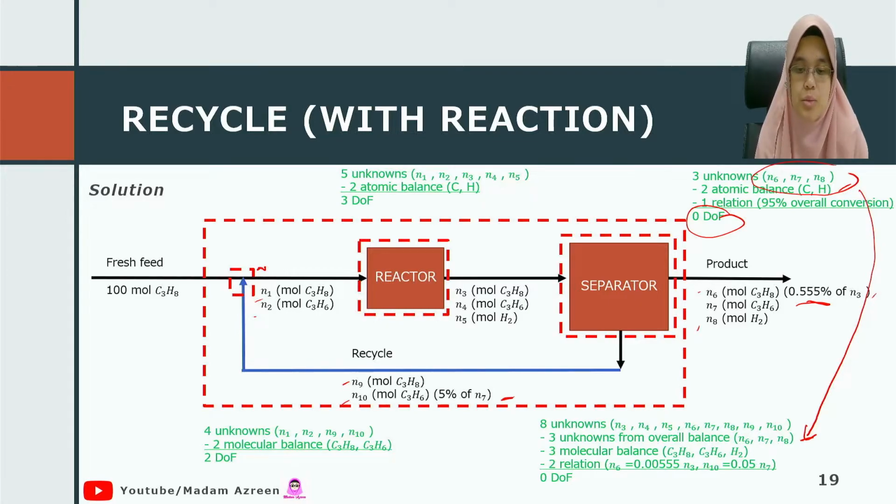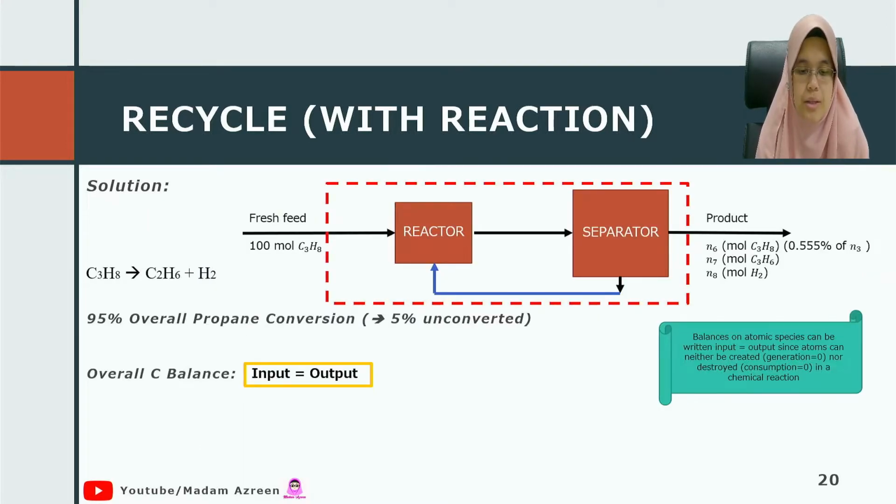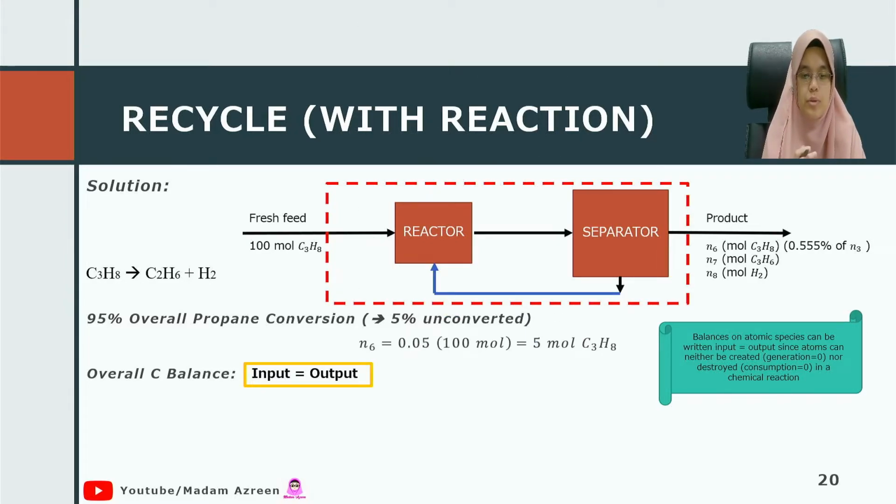So let us start with the overall conversion first. When you have the overall conversion, and you have the information about 95% overall propane conversion, meaning to say another 5% is unreacted. So straight away you can find the value of N6. Your N6 is 0.05 times 100, you get 5 mole.